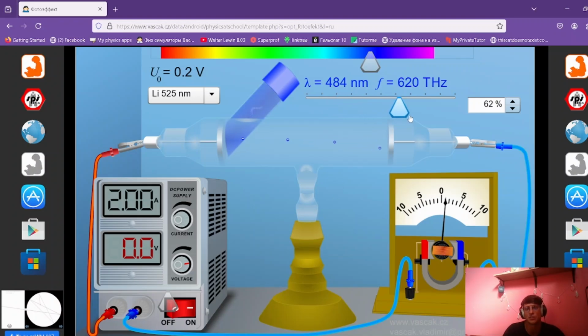If the intensity is greater, of course we have more photons per second, and we have more photoelectrons per second as well. So we have greater current here in the circuit. Okay. If I will increase the frequency or decrease the wavelengths, in other words, I will increase the energy of my light even more, you can notice that my electrons are moving faster and faster and faster.